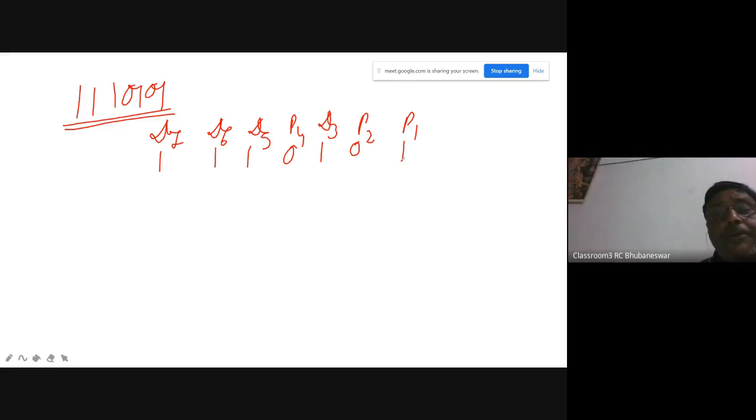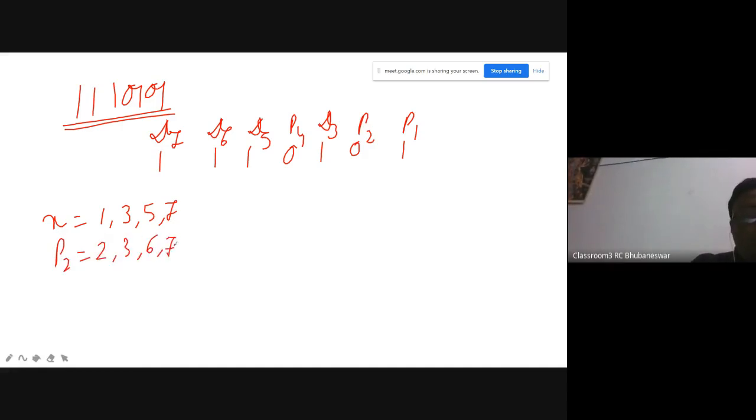So for correction, P1 will be replaced with the variable X at the same positions 1, 3, 5, 7. P2 will be Y, at 2, 3, 6, 7, and P4 will be Z, at 4, 5, 6, 7.